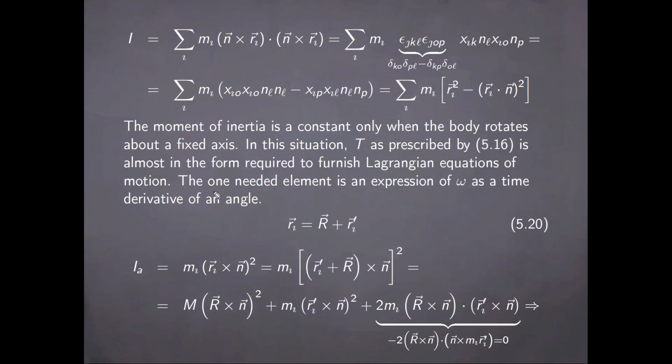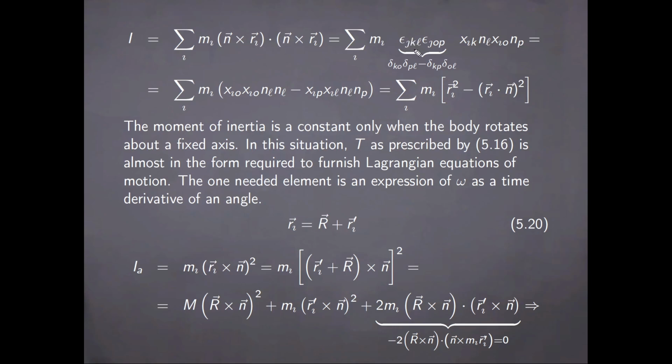Another way to look at it is to simply expand the dot and cross products and calculate everything explicitly, and it's very easy to do so. You will obtain this expression right away, where the x's for each particle i are the three components of the particle's radius vector, and the n with indices are just the components of the axis of rotation.